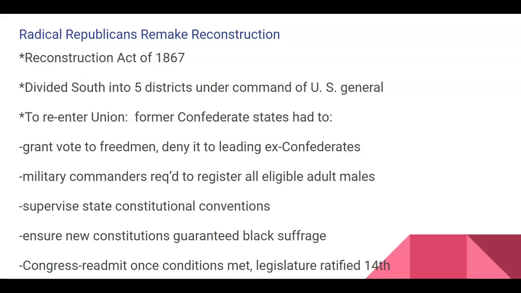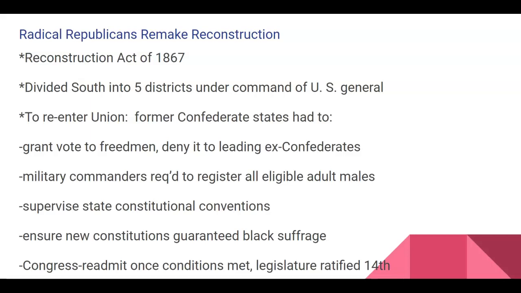They put it in, they supervised that process. They supervised all the state constitutional conventions as they were rewriting their constitutions. They ensured that new constitutions guaranteed black suffrage, and Congress said they would readmit you once your conditions are met, and the legislature ratified the 14th Amendment in the states.